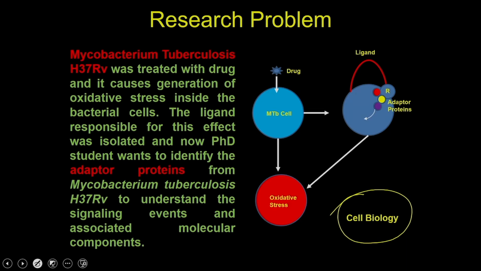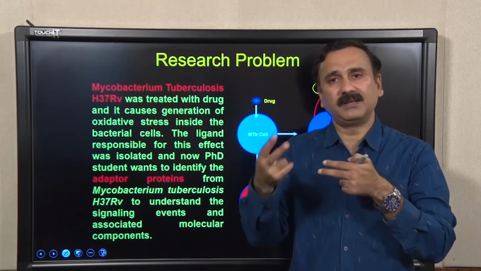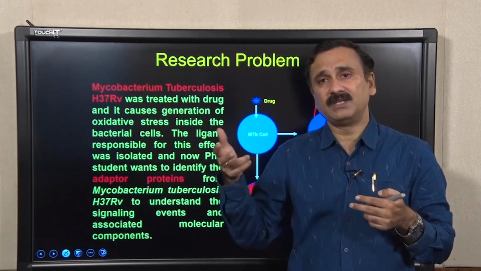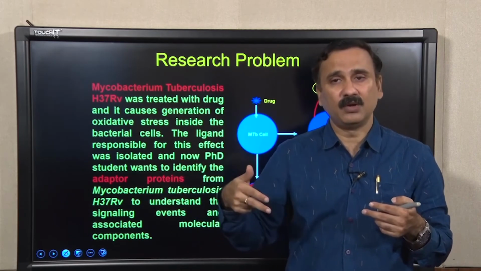One, when the ligand is binding, you can first characterize that, and also once the adapter proteins are known, it is going to tell you the information about the adapter proteins. But there are false positives that are going to come, because when you are processing the samples and the whole cell lysate, some proteins which may not be adapter proteins are also going to bind non-specifically to your beads.